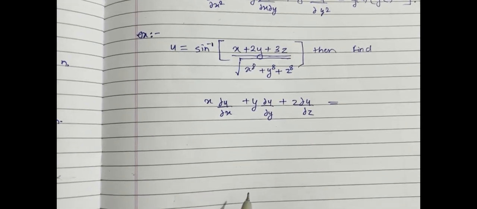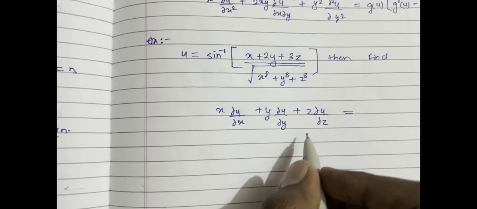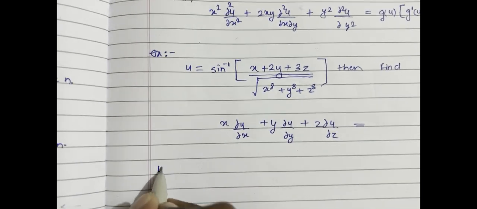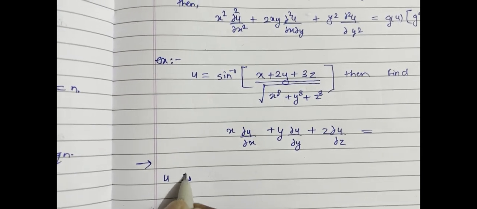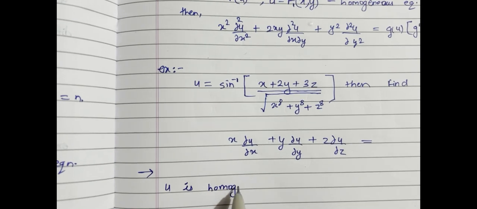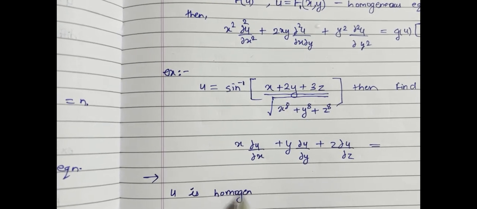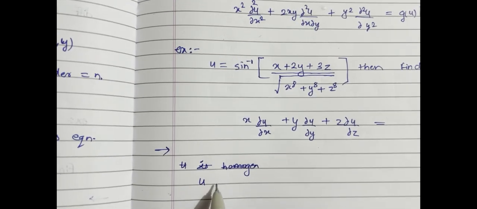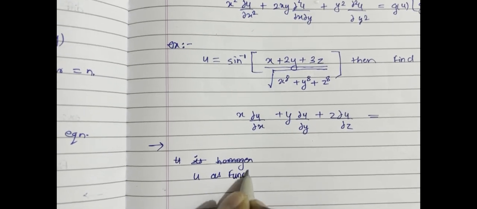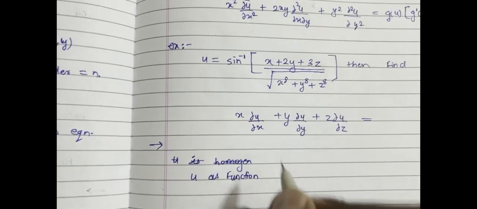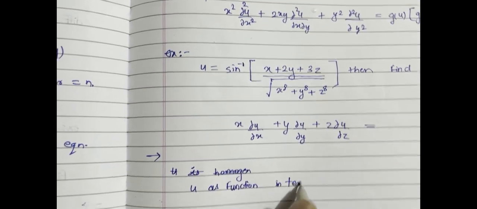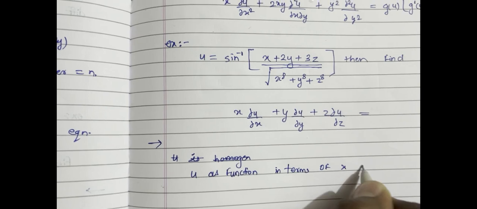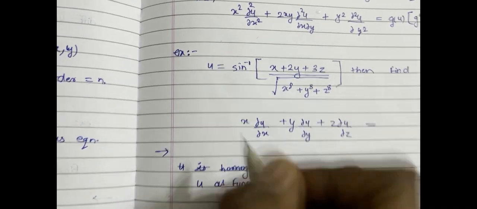This is the example. As we know, first we will find out whether u is homogeneous. Here we have got u as a function in terms of x and y.